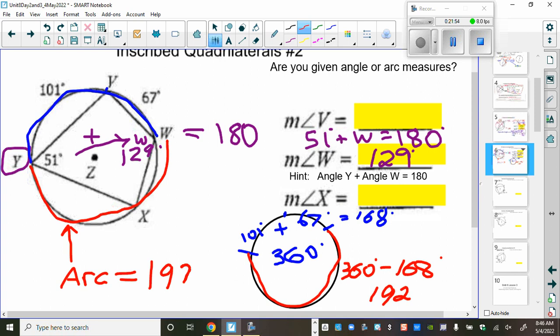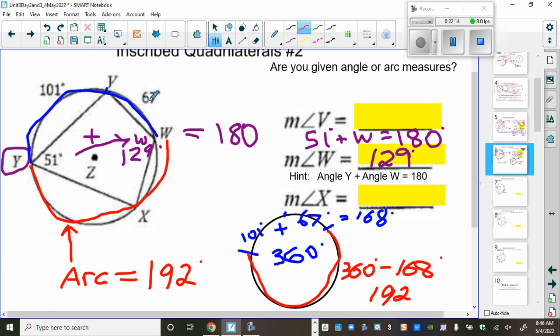Now, which angle is totally opposite from this arc? Or I should say, which letter does not touch this arc?